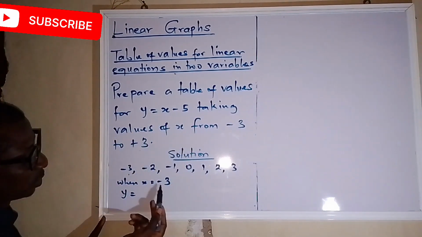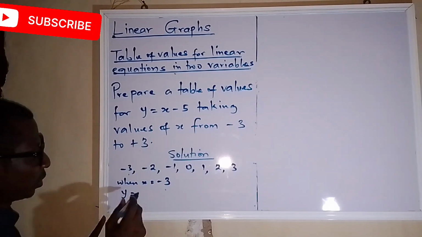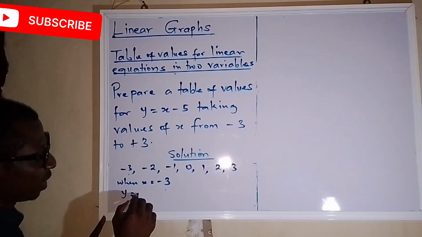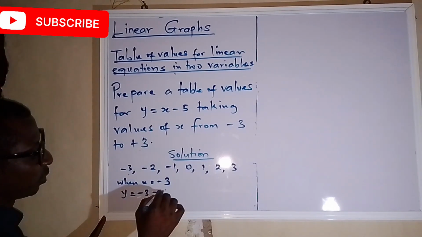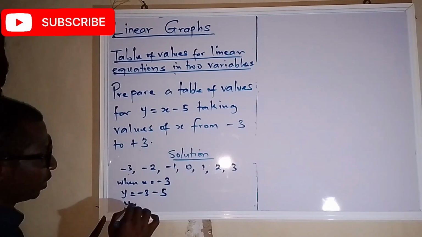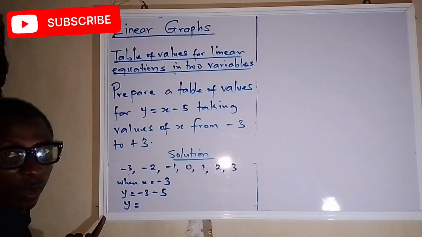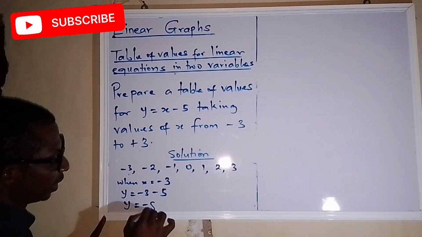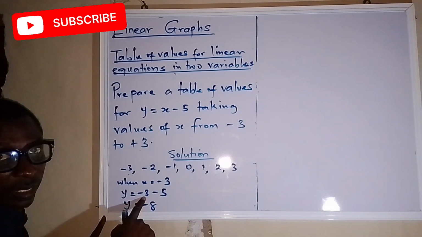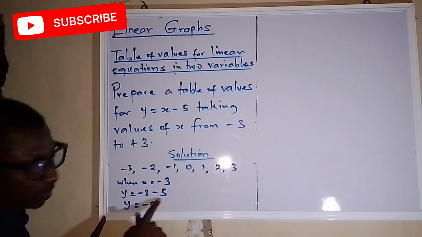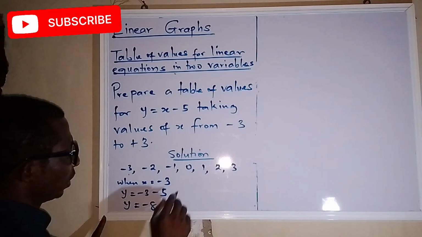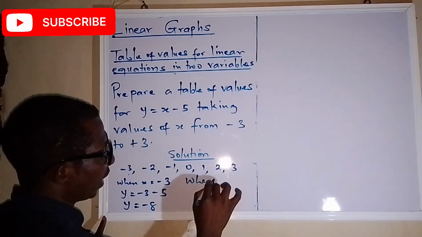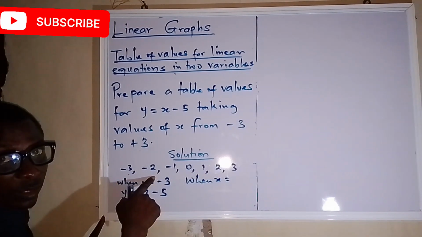X is now minus 3, so instead of writing x this time around, I write minus 3 minus 5. And so that means y will be minus 8. A debt of 3 and another debt of 5 is going to give you a debt of 8.